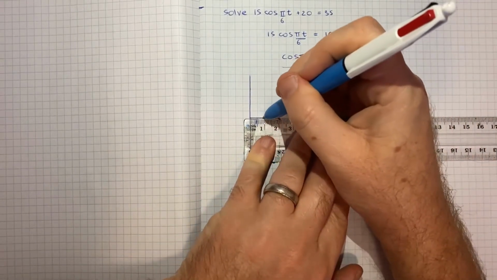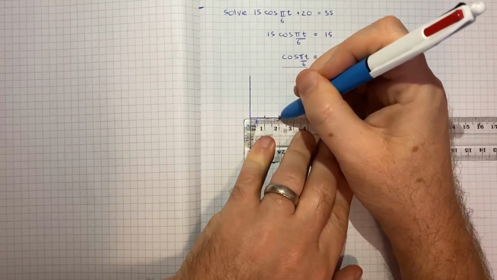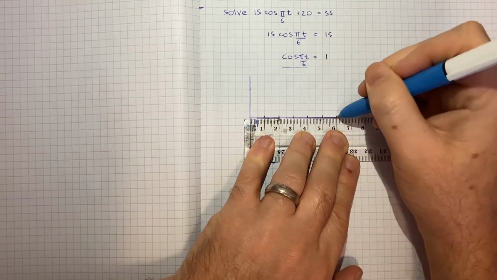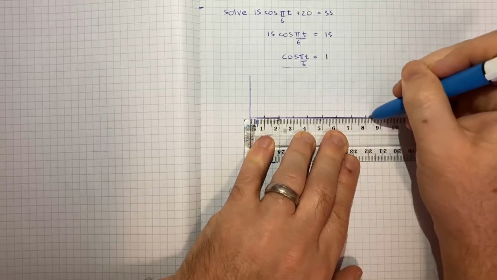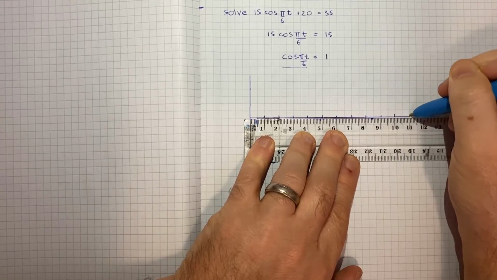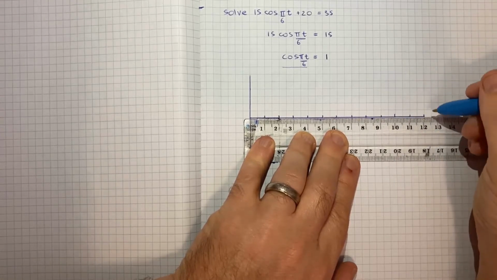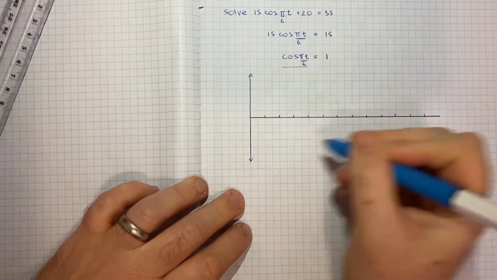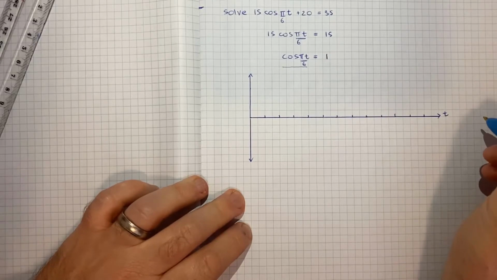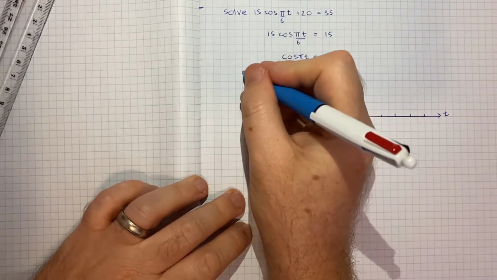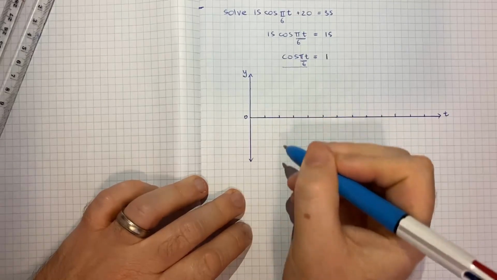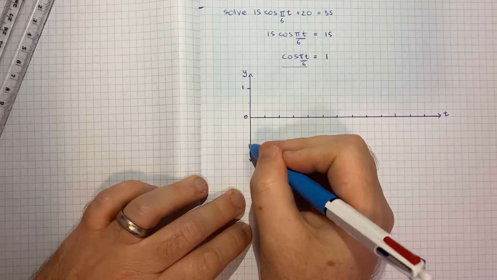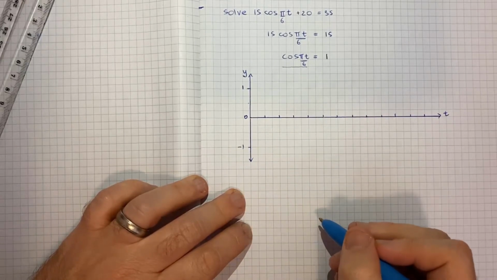So we'll have 1, 2, 3, 4, 5, 6, 7, 8, 9, 10, 11, 12, and I'll extend that a little further. We'll call the horizontal axis t and the vertical axis y. We've got 0 here, we'll call this 1 and this -1.